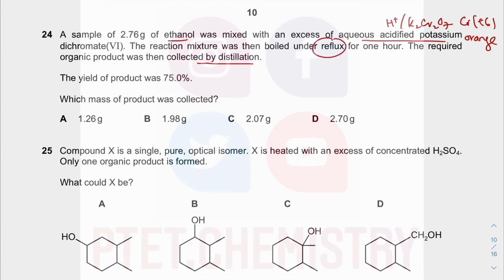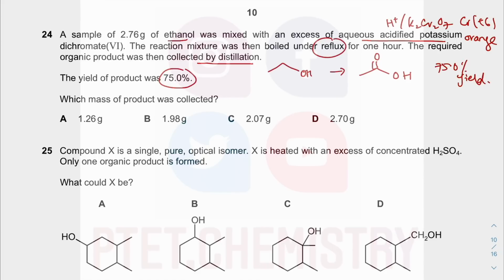So that organic product is actually carboxylic acid. But your yield is only 75%. Here you have 2 carbon, 2 carbon. The mole will be 1 mole of this giving you 1 mole of this, because 2 carbon gives you 2 carbon acid, alright? But you have 75.0% yield.